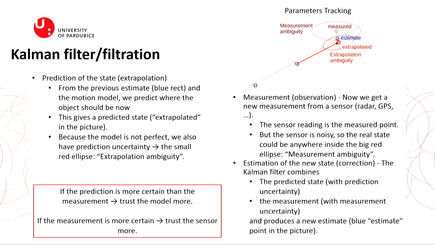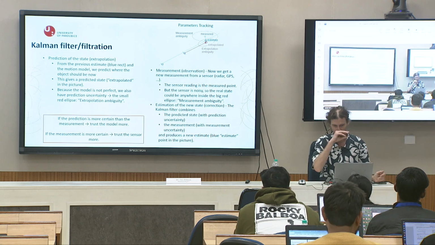There is another example of how we can look at it. It is very often used for tracking, so this is an example from a tracking algorithm. From the previous estimation, it is this blue rectangle and the motion model. Of course, we know the motion model of the target, although the motion of, for example, our plane can be random, because it is just limited by the plane itself.